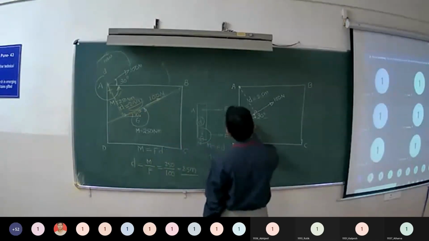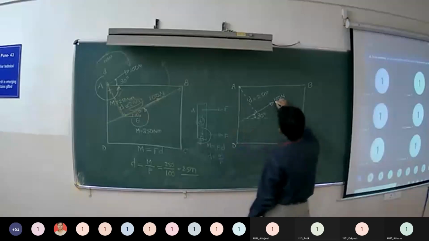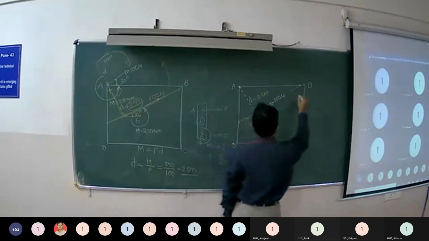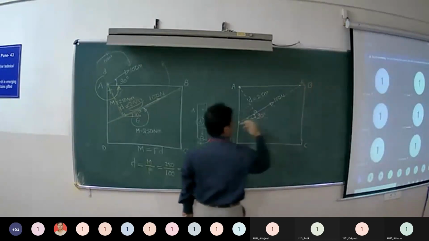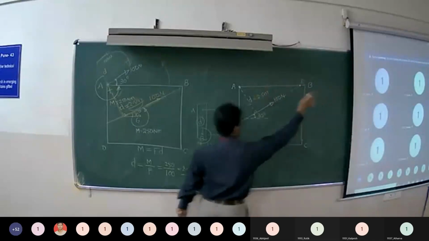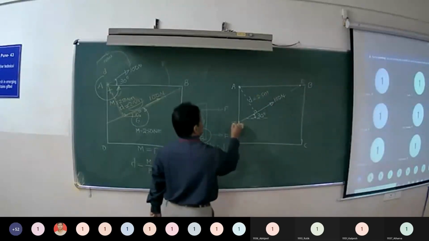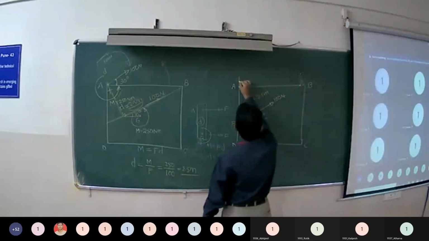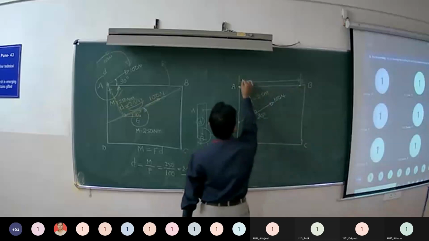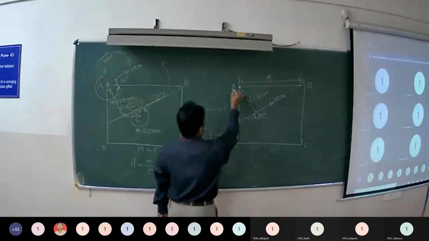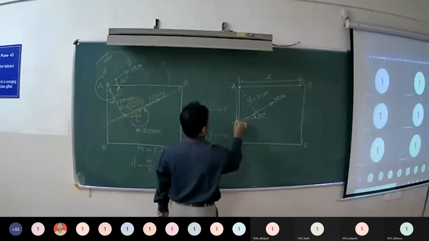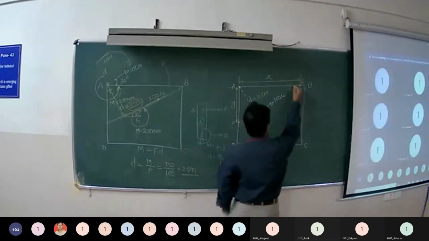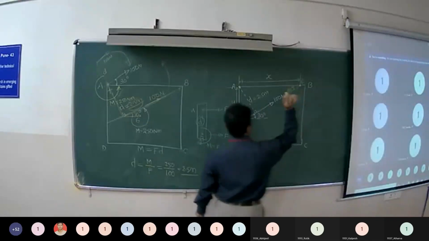For that, you can do like this. You extend the line of action of this force. Let us say this is point E, where the line of action cuts the line AB, and say it is F. With respect to A, this distance is X, and this vertical distance is Y. Now we have this as 30 degrees.